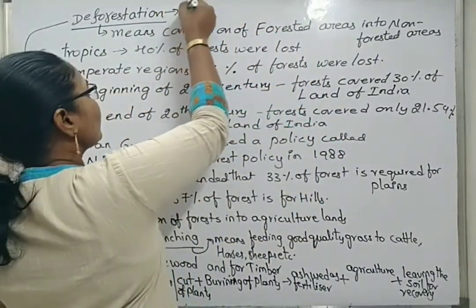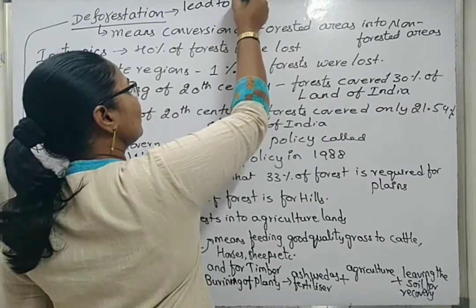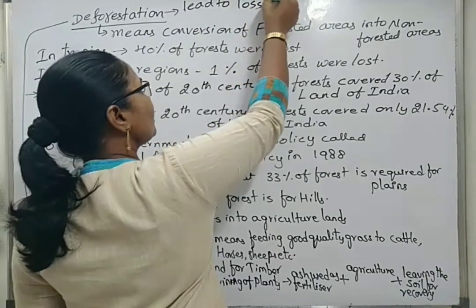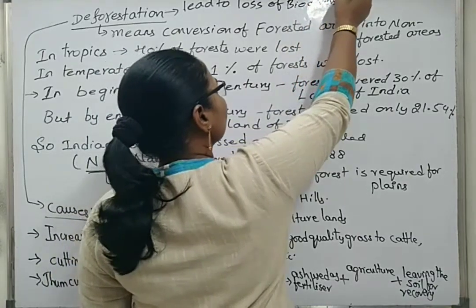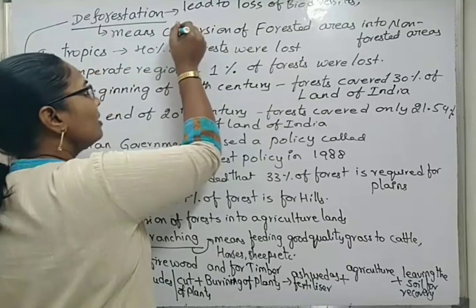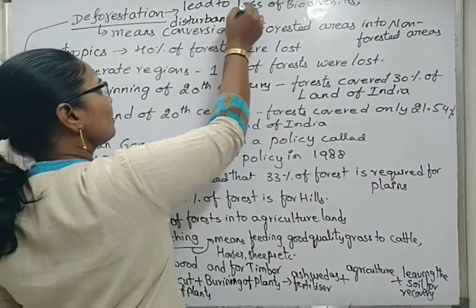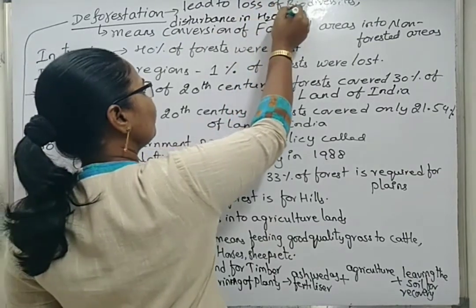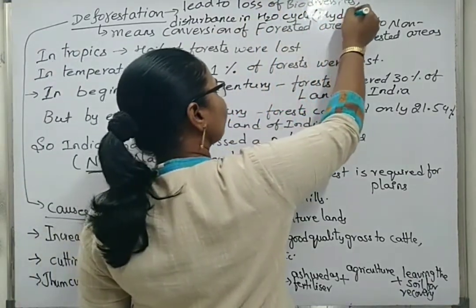So deforestation leads to loss of biodiversity, and next, disturbance in the water cycle, which is also called the hydrologic cycle.